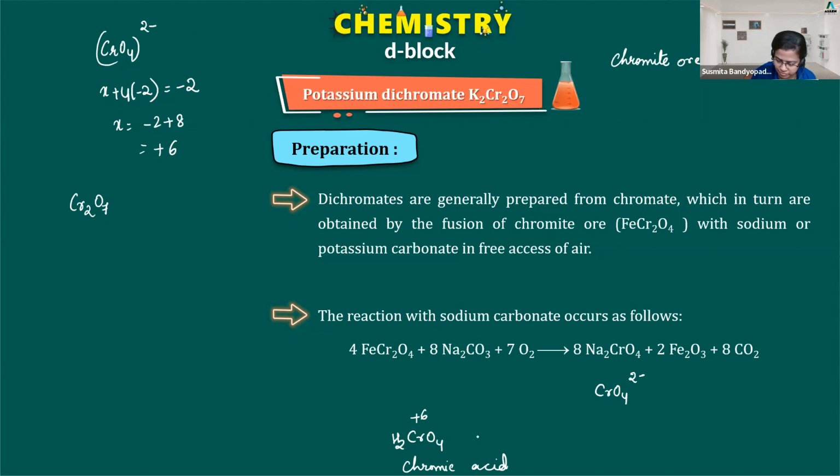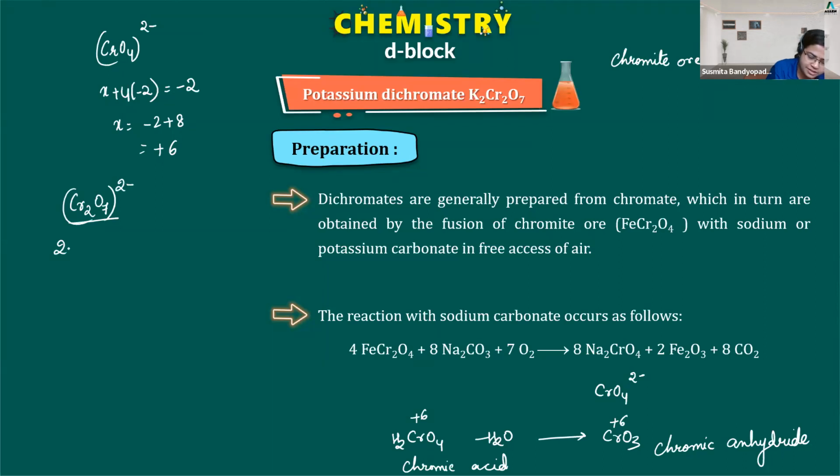When it loses a water, CrO3, what we get is chromic anhydride. I told you the anhydride and the acid will always have the same oxidation number.